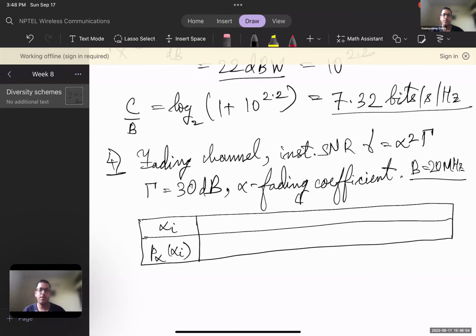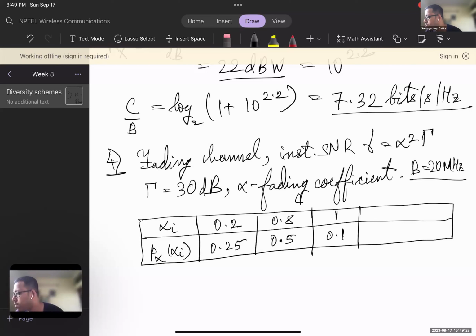Let's say 0.2 with probability 0.25, 0.8 with probability 0.5, and 1 with probability 0.1.